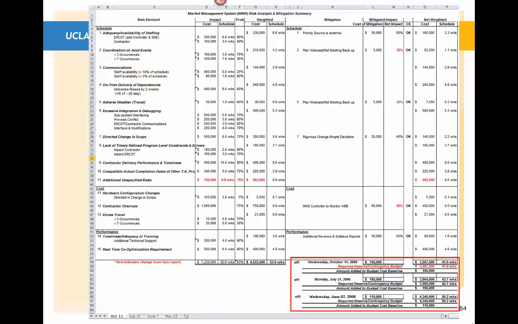So that's an improvement, a reduction in the amount of reserves of almost $800,000, $40,000 less than 800,000, and the schedule reserve from 50 weeks down to 41 weeks. That's about 10 weeks. That's a pretty significant reduction in that as well.